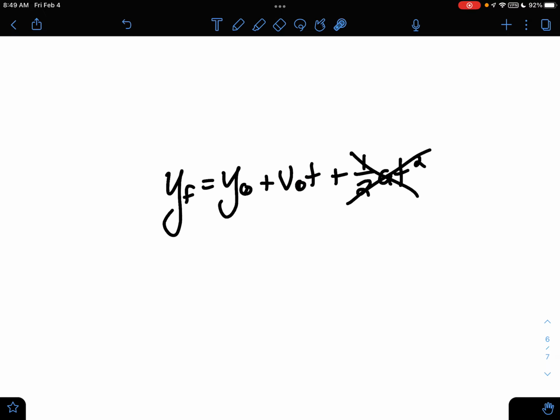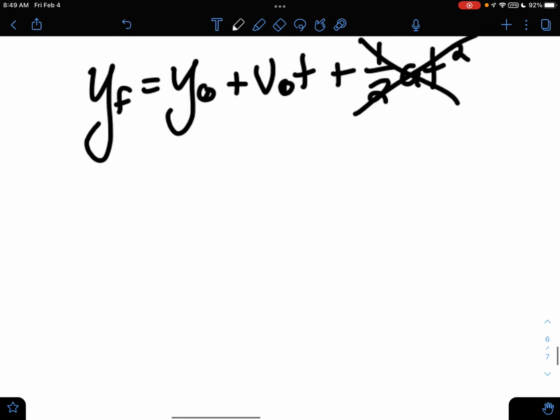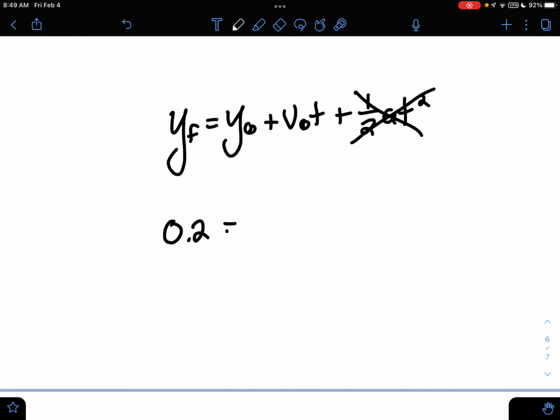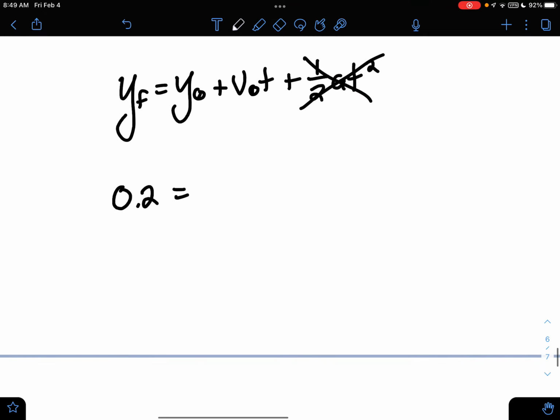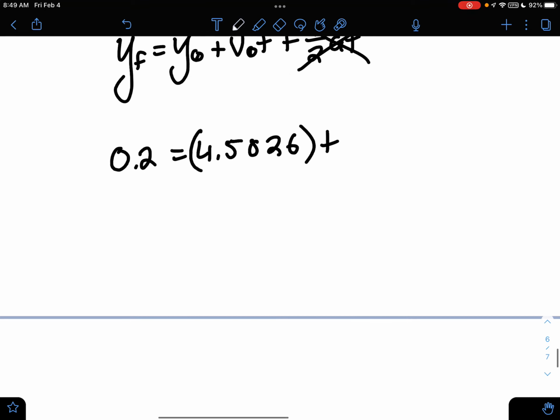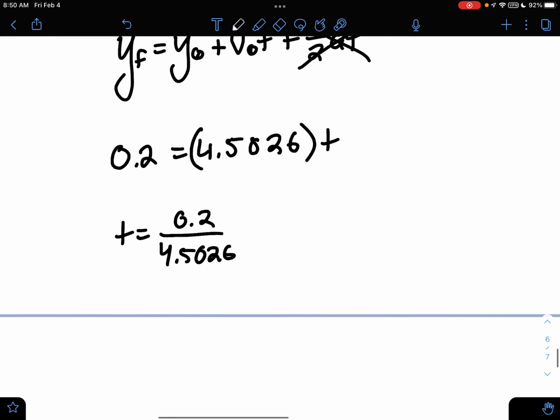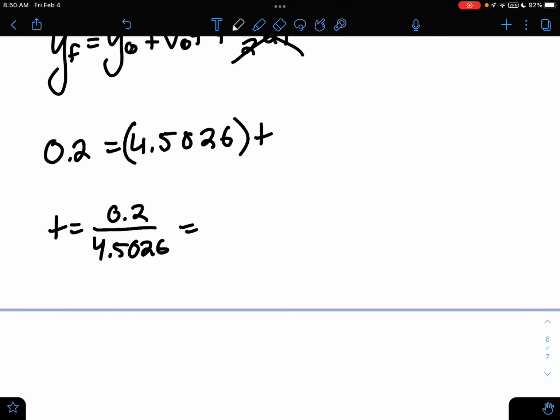And our v naught is the same as our v final, just because it's not changing, right? So there's our velocity. We're going to get that 0.2 is 4.5826, again kilometers per hour, in kilometers times time. And if we're solving for time, that's just going to be 0.2 divided by 4.5826.